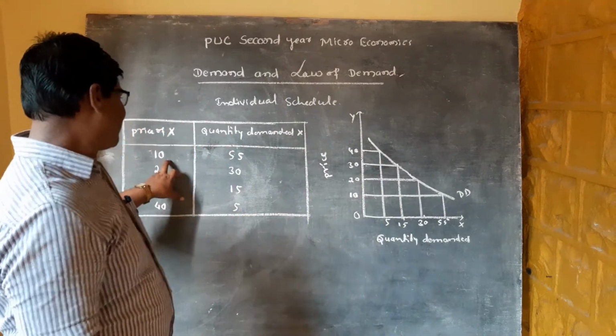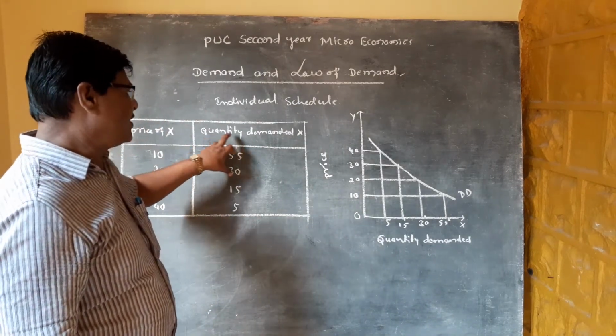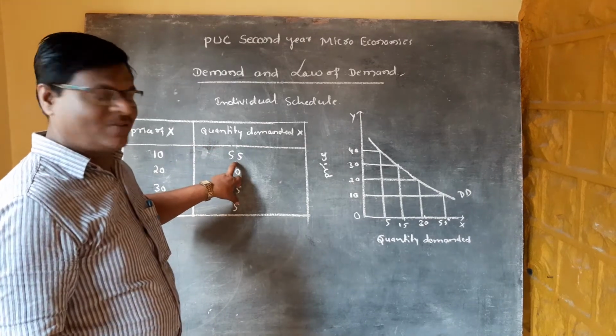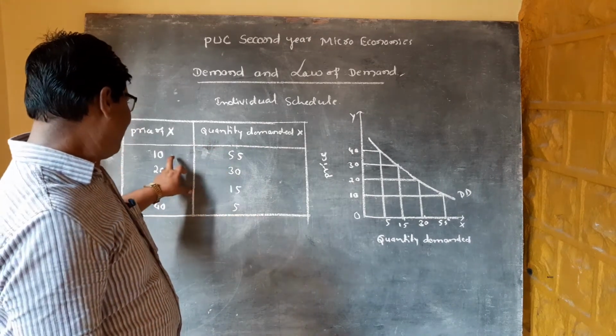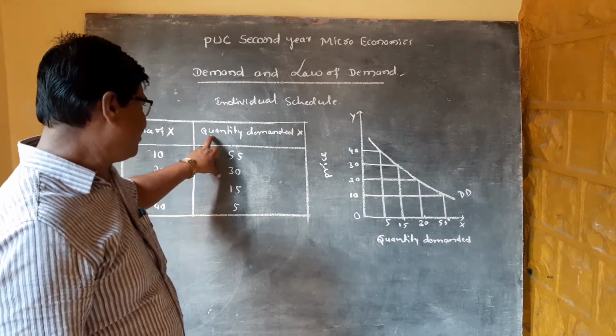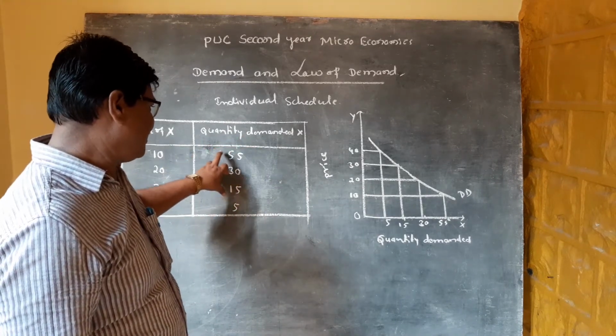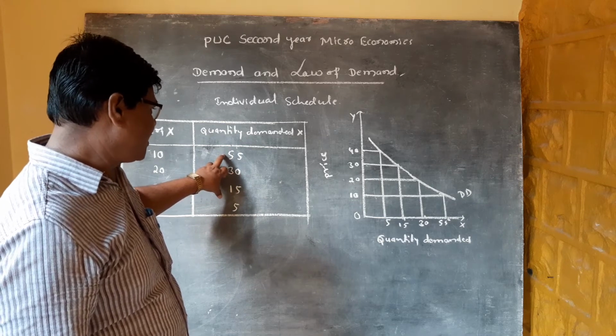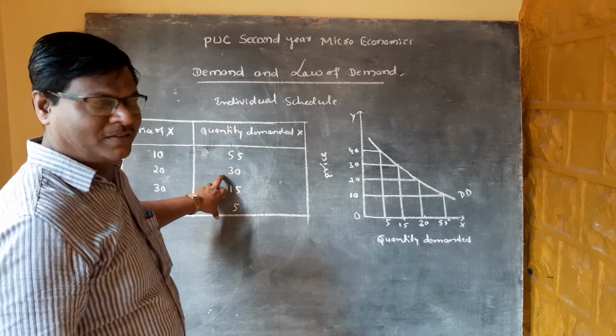When the price of X is 10 rupees, the quantity demanded is 55. When the price increases from 10 to 20 rupees, the quantity demanded decreases from 55 to 30.